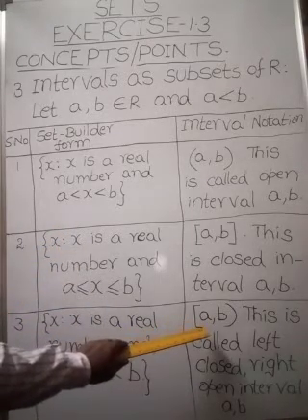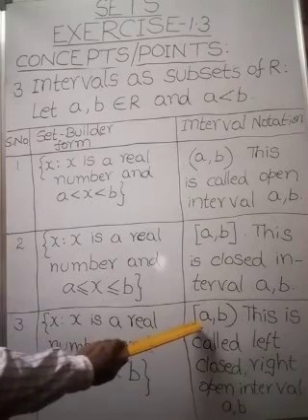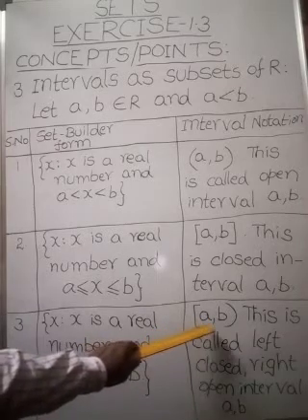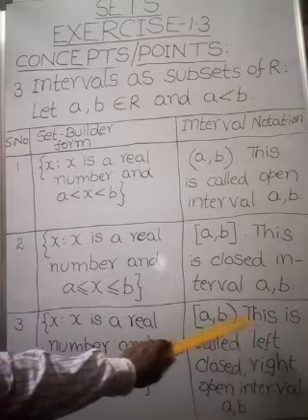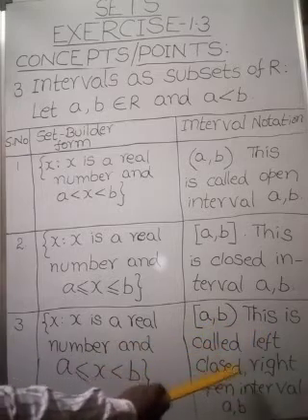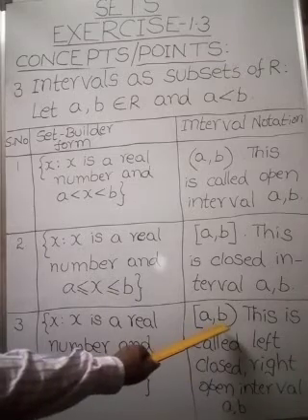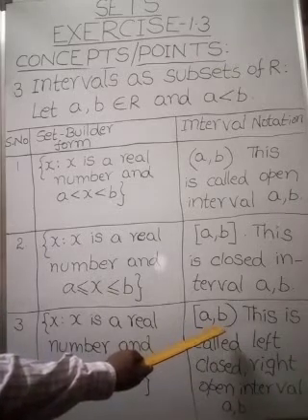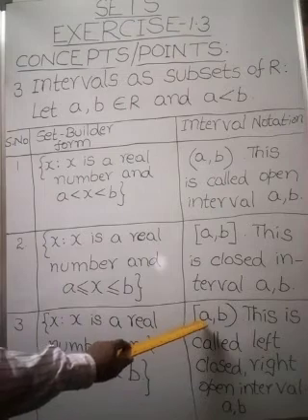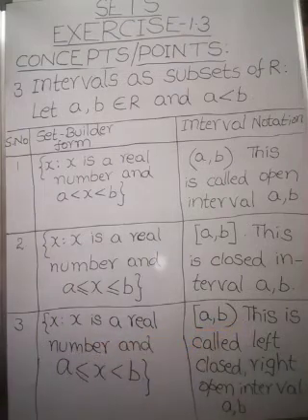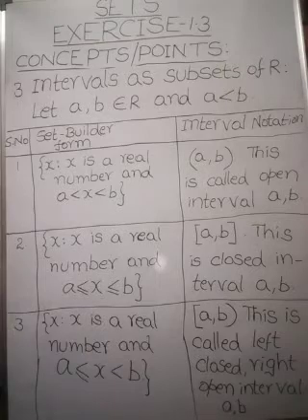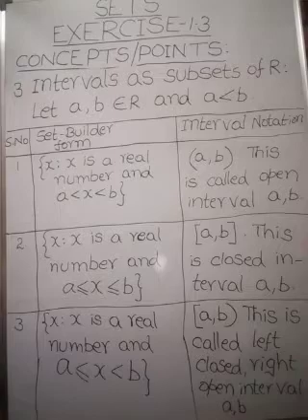This is the interval notation: left closed a and right open b, [a, b). This is called left closed right open interval a comma b. This interval denotes a subset of real numbers in which a is an element but b is not an element, but in between a and b all the real numbers including a. Understood this point, my dear children?